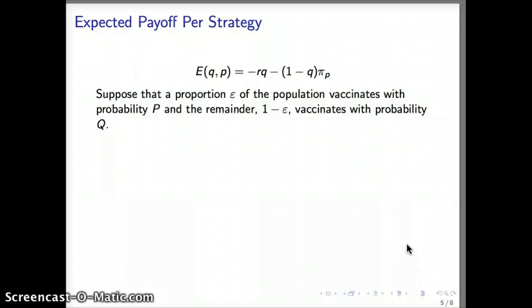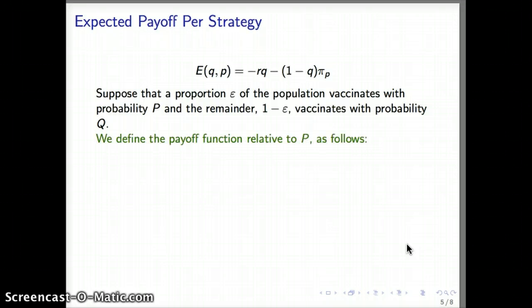Let's now suppose that the proportion epsilon of the population vaccinates with probability P, and that the remainder, 1 minus epsilon, vaccinates with probability Q. So right away you may think that this epsilon, 1 minus epsilon, and the probabilities may be factored into some kind of weighted sum or weighted average.